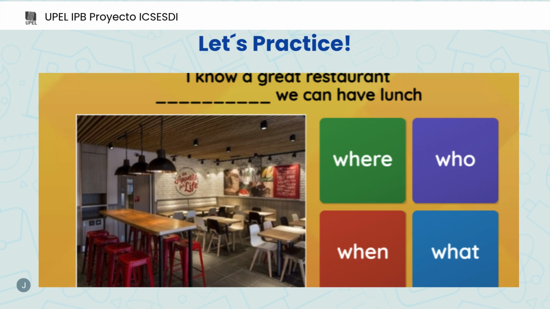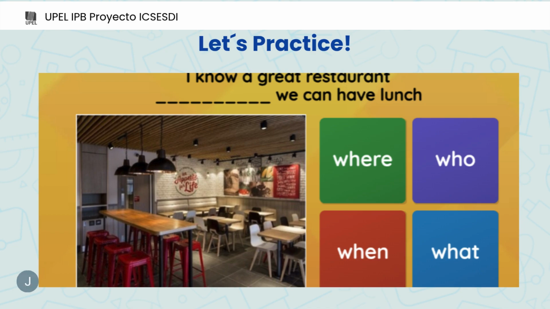Last exercise. I know a great restaurant, blank, we can have lunch. Which is the answer? Of course, the answer is where. I know a great restaurant where we can have lunch. Very good job. And this is a noun clause. Why?